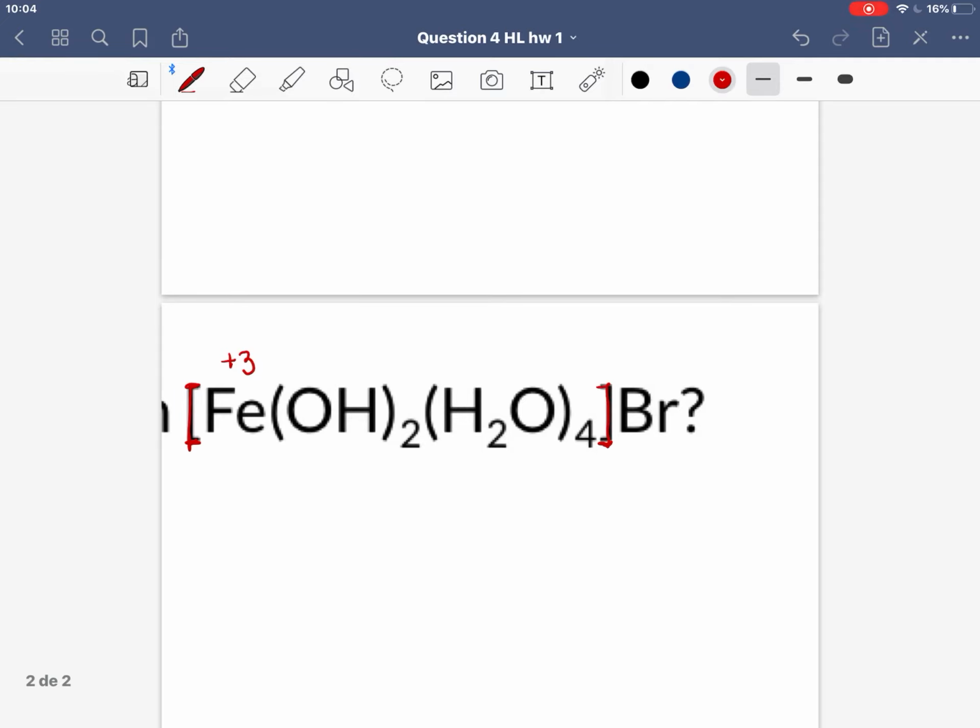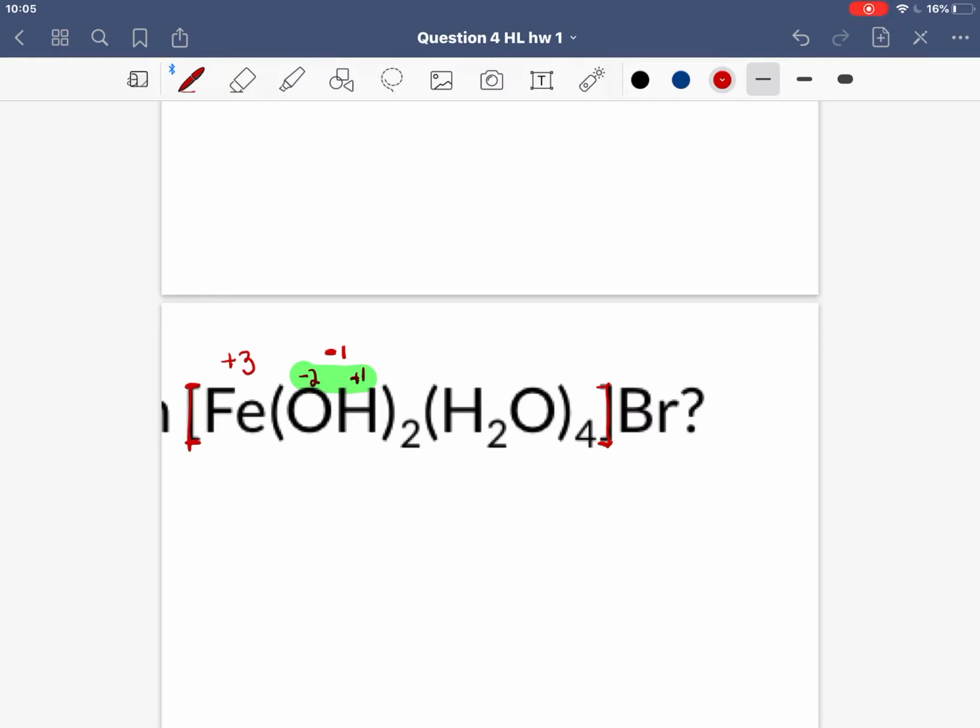Awesome. Oxygen, most likely oxidation state for oxygen, -2. Most likely oxidation state for hydrogen, +1. So together, each OH should carry a charge of -1.